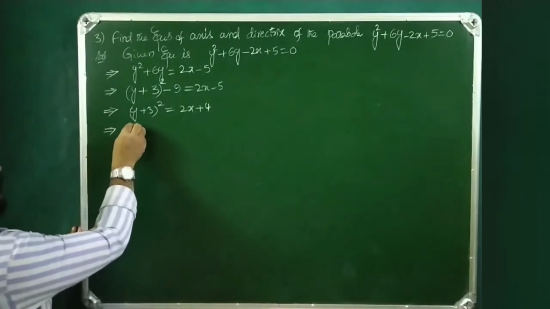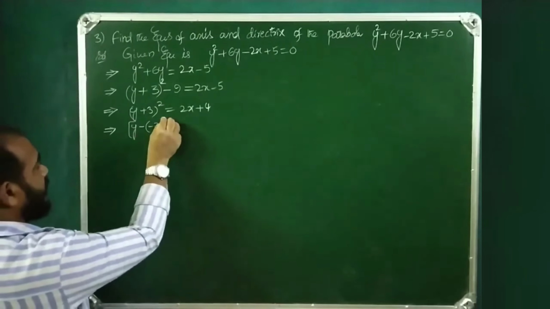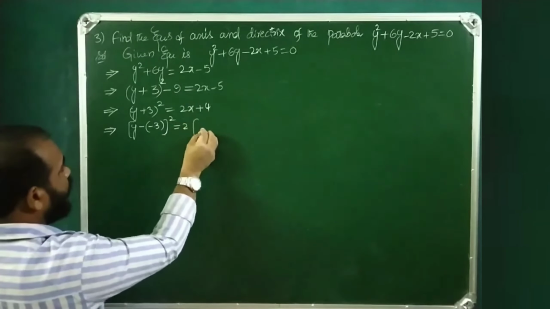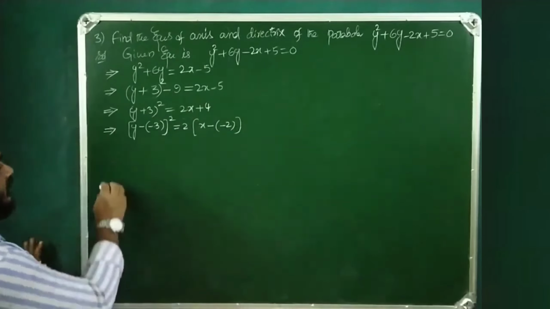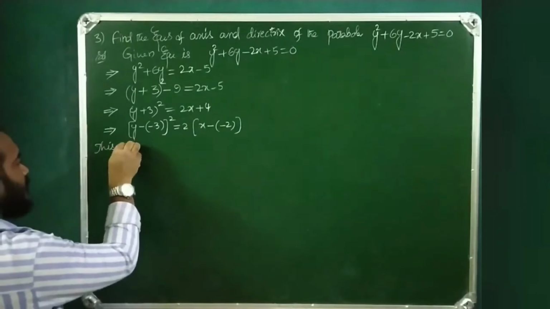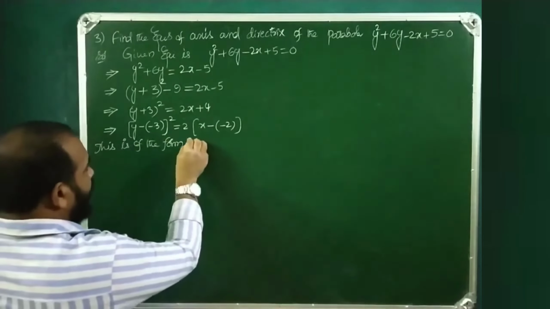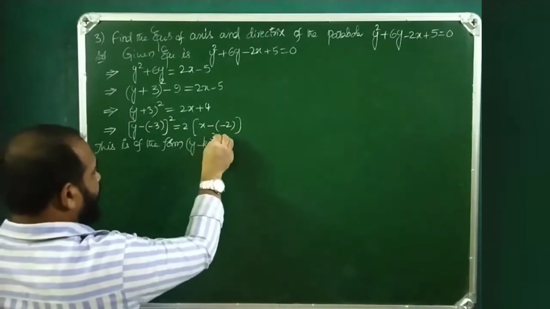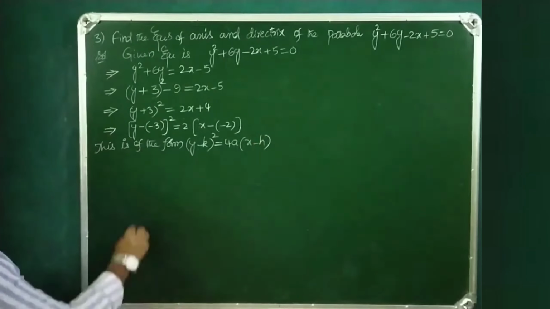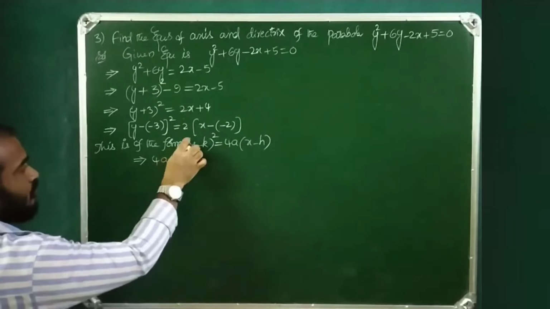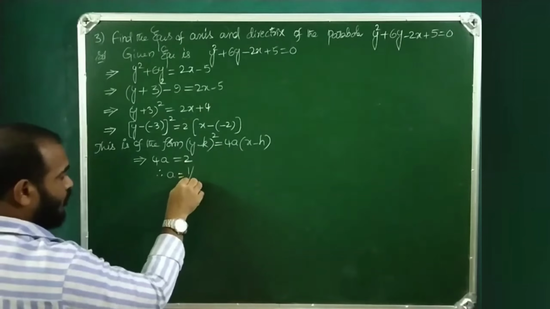This is y minus of minus 3 whole square equals 2 into x plus 2, x minus of minus 2. So this is of the form y minus k whole square equals 4a into x minus h. So here 4a equals 2. Therefore, a equals 2 by 4, which is 1 by 2.